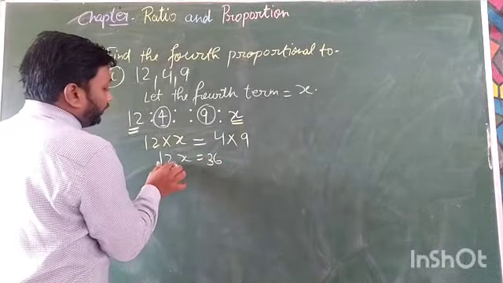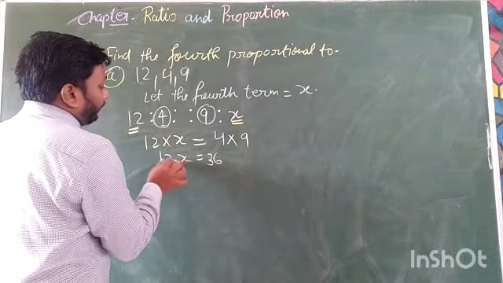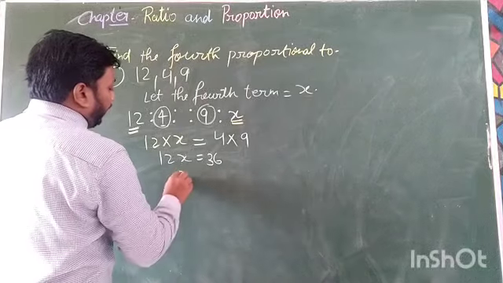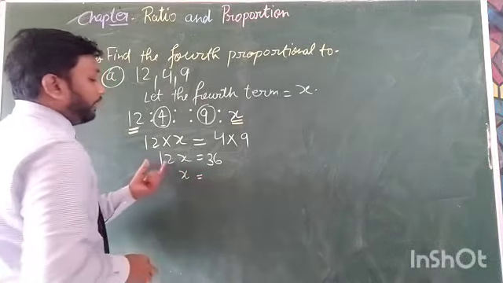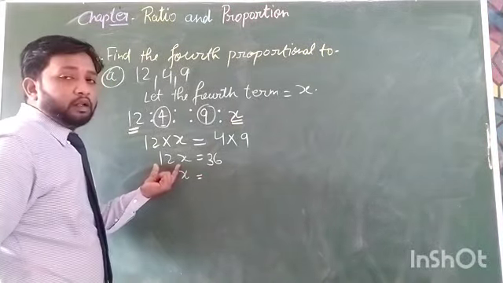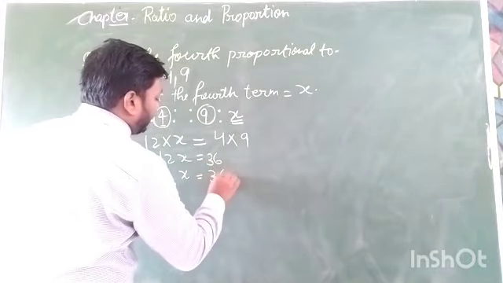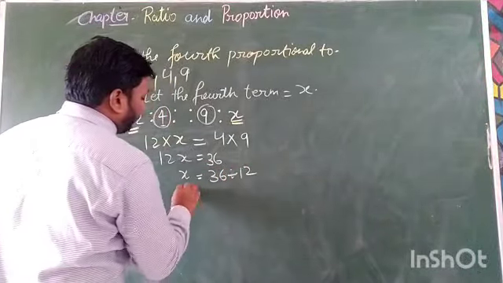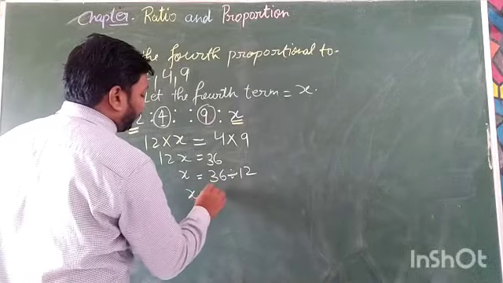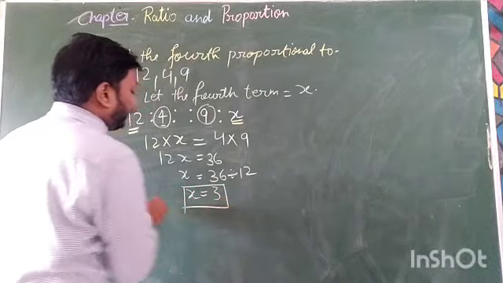If we transpose this 12, the coefficient of x, from here to here, the sign will change. Here it is multiplication, there it will be division. So 36 divided by 12, and we get the value of x equal to 3.